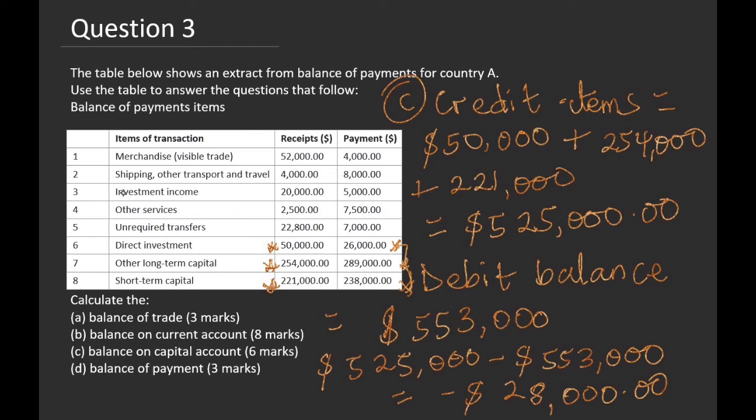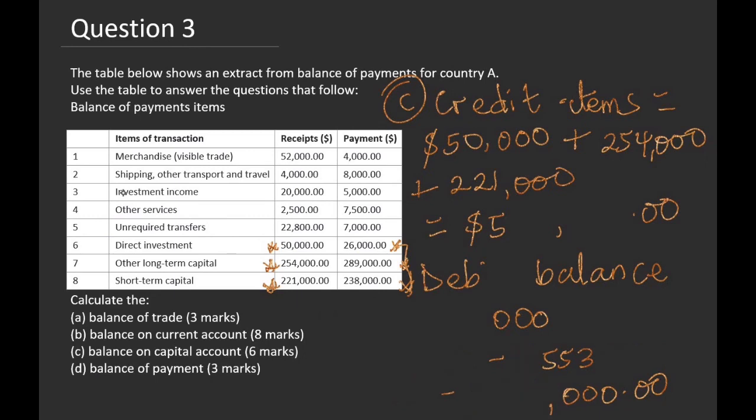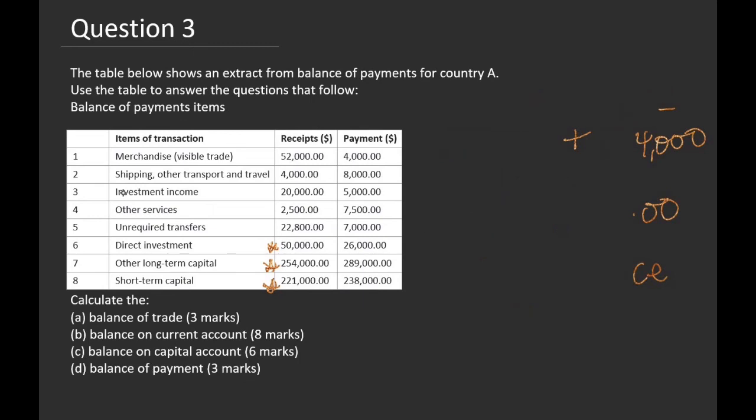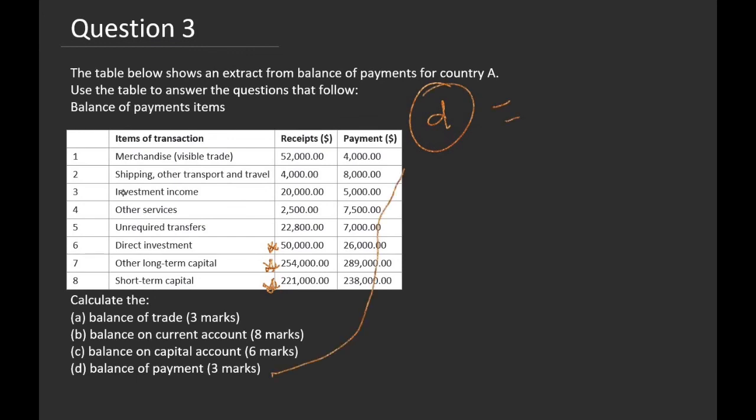Finally, let's look at balance of payment, which is the D. To solve this is 3 marks.